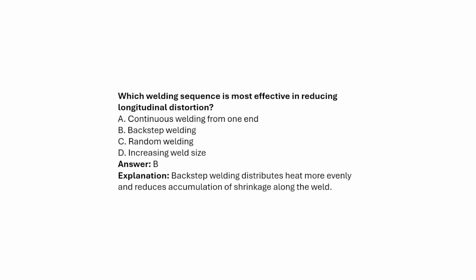Which welding sequence is more effective in reducing the longitudinal distortion? Continuous weld from one end, back step welding, random welding, or increasing weld size. So the answer will be back step welding.